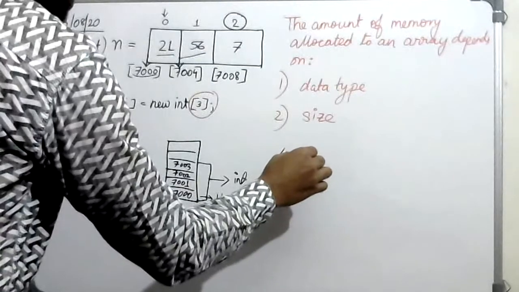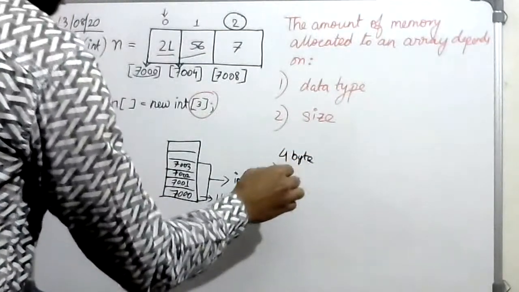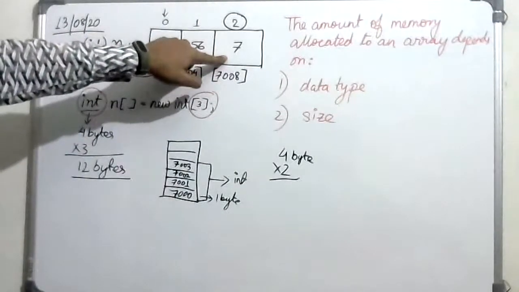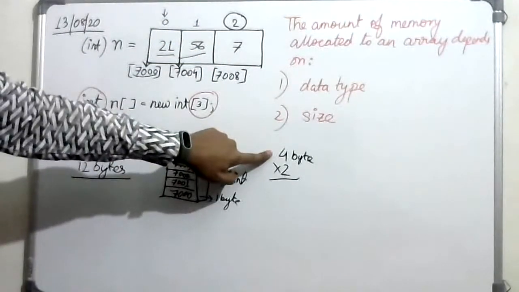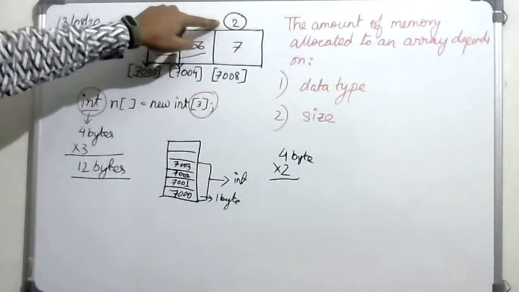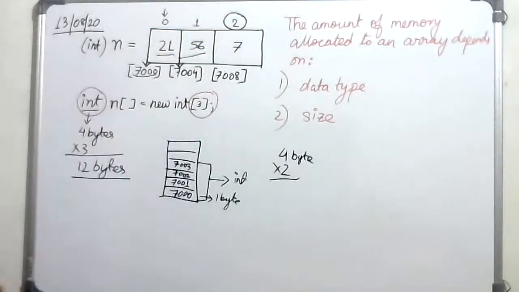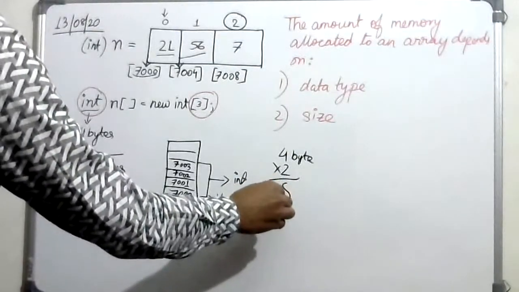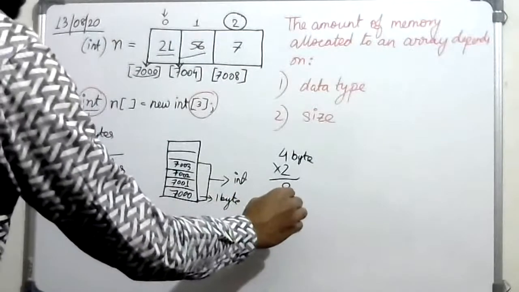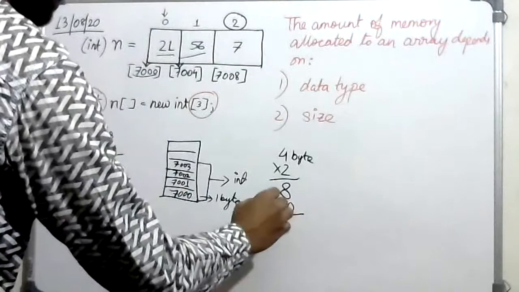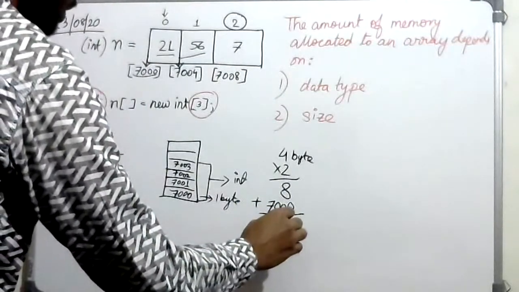So 4 bytes, and 2 is the index number of the element in concern. I'll get 8. This is simply added to the starting address.